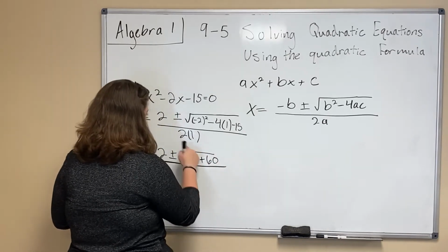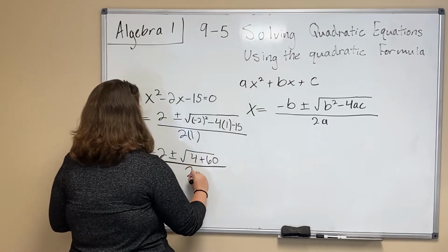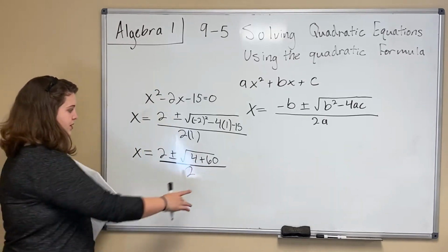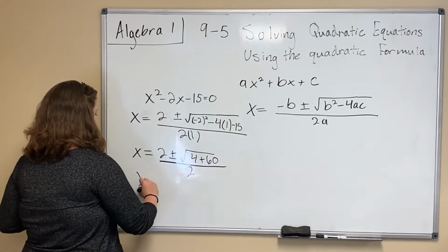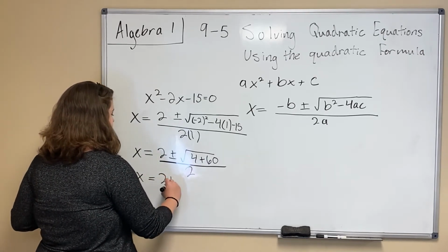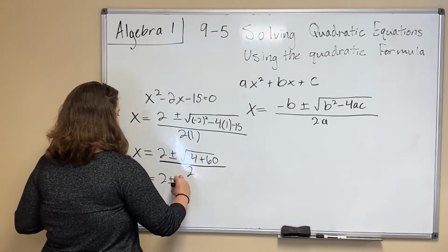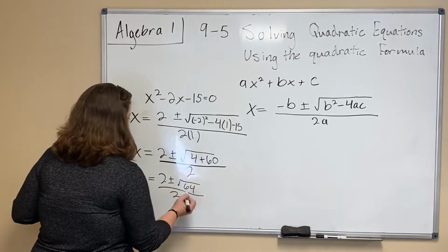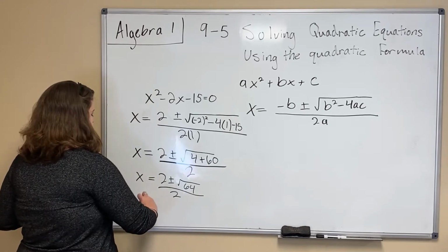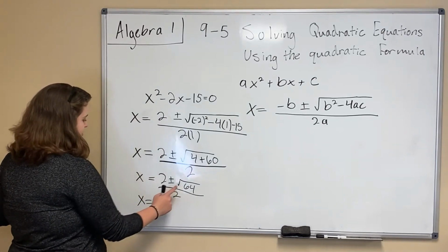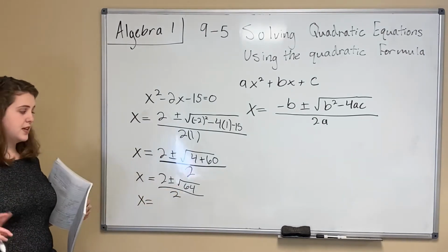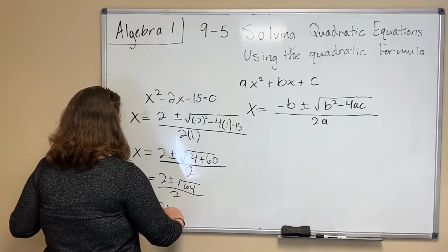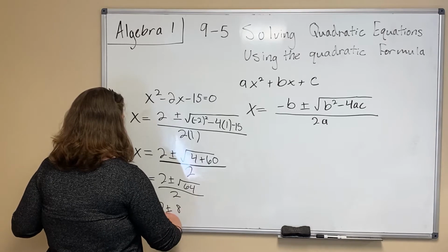All of that is over 2 times 1, which is 2. Hopefully you're tracking so far. We can simplify this a little bit more. x equals 2 plus or minus the square root of 64 all over 2. Now hopefully you can recognize that the square root of 64 is 8. So we're going to get x equals 2 plus or minus 8 over 2.